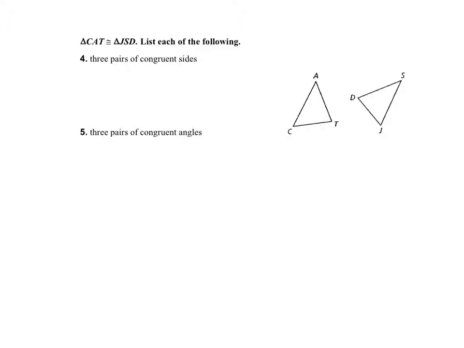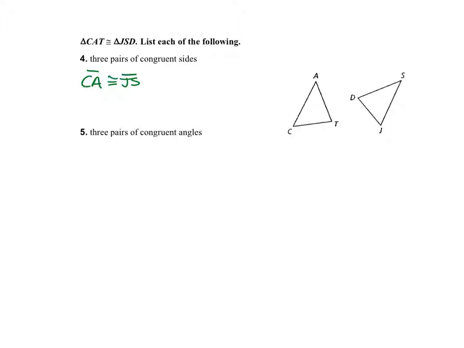Next one, I want to name 3 pairs of congruent sides. In this case, it's very important to follow this order. It's telling me that CAT is congruent to JSD. So CA is congruent to JS, in the same order.